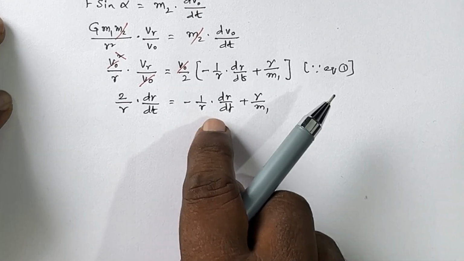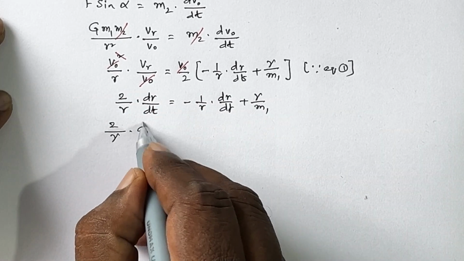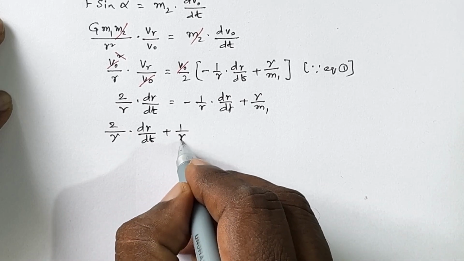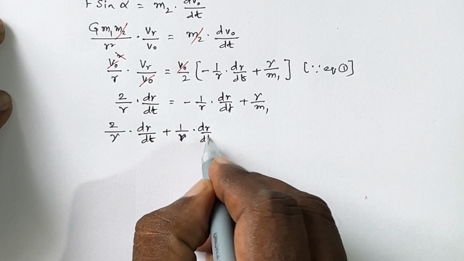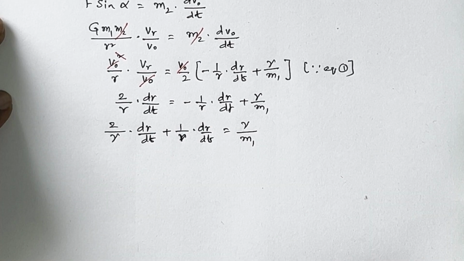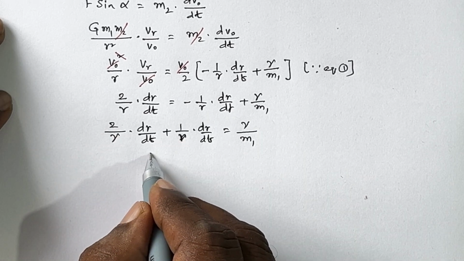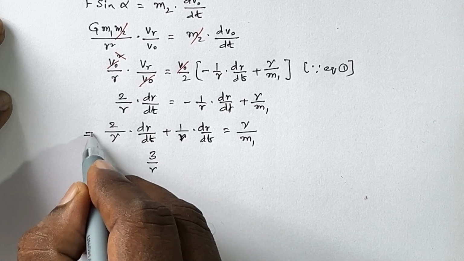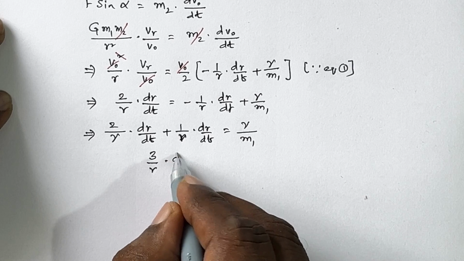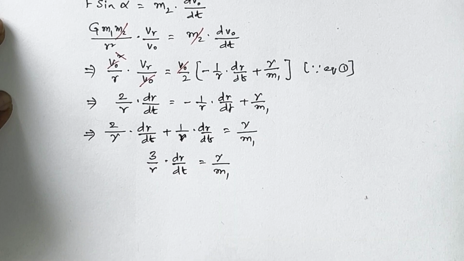Right? So this term I will send this side. So this is 2 by r dr by dt plus 1 by r dr by dt is equal to gamma by m1. So here 2 by r plus 1 by r is equal to 3 by r. So 3 by r into dr by dt is equal to gamma by m1.